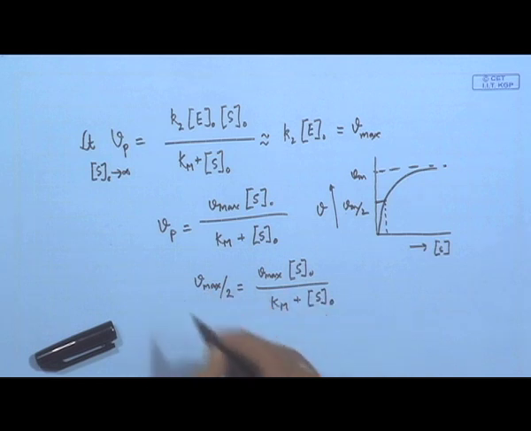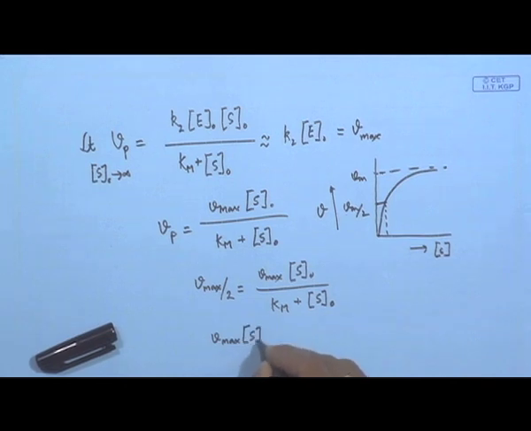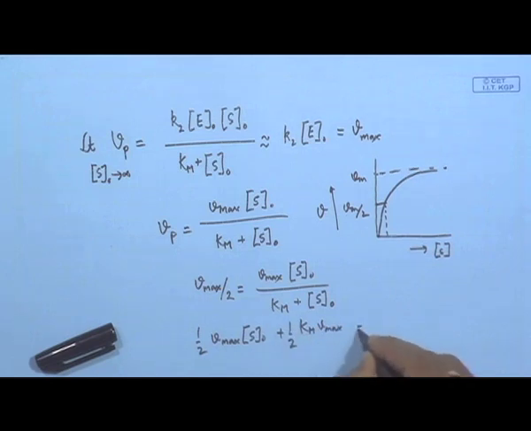You just transpose it, so Vmax S0 half plus Vmax Km into half is equal to Vmax S0.